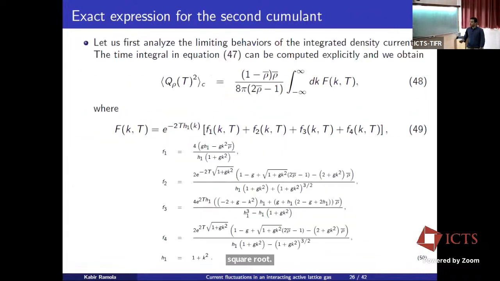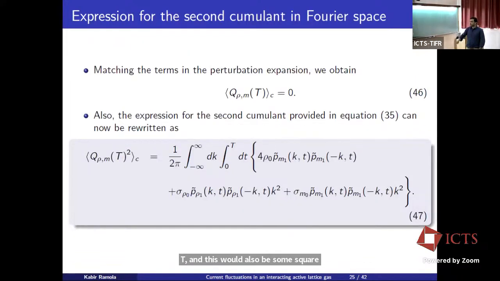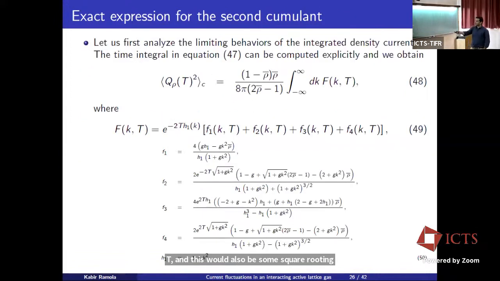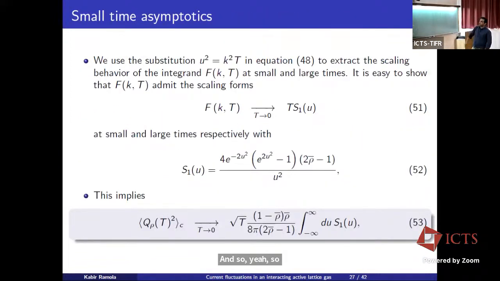Using this exact expression, I won't go through the math. We can just write down some scaling functions, which will allow us to extract the second cumulant of the integrated density current.